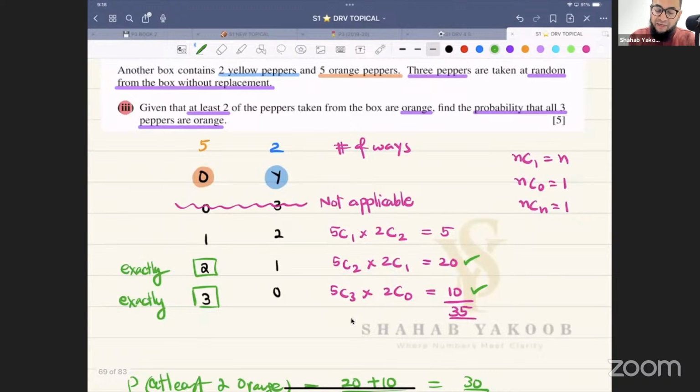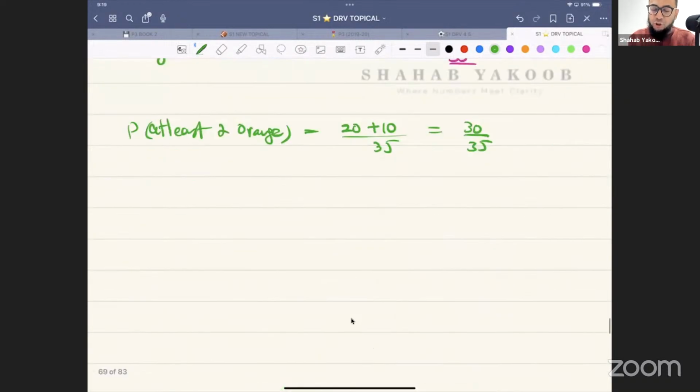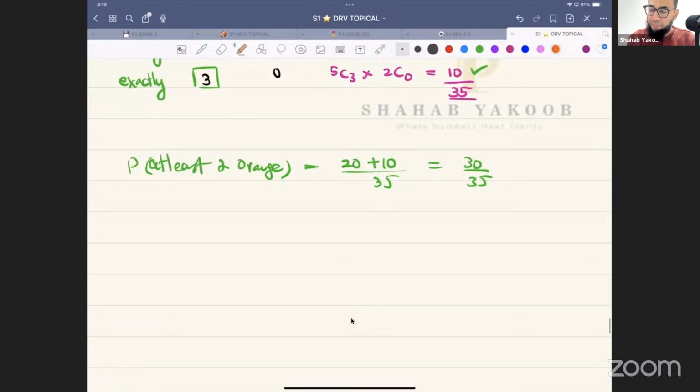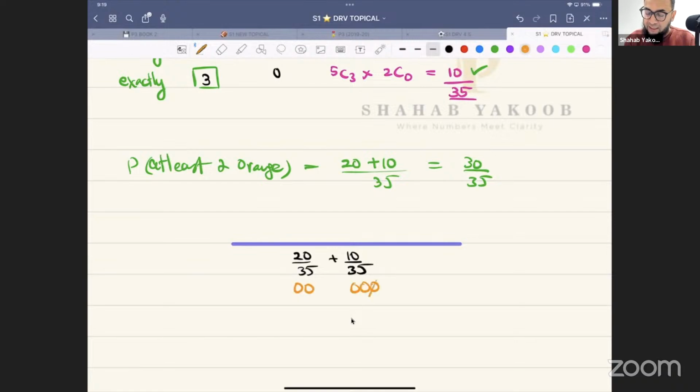Now it says given. That means this is conditional probability. When we talk about conditional probability, the condition goes down in the denominator. So let me write down the condition in the denominator, which is 20 over 35 plus 10 over 35. This is exactly 2 orange, this is exactly 3 orange.